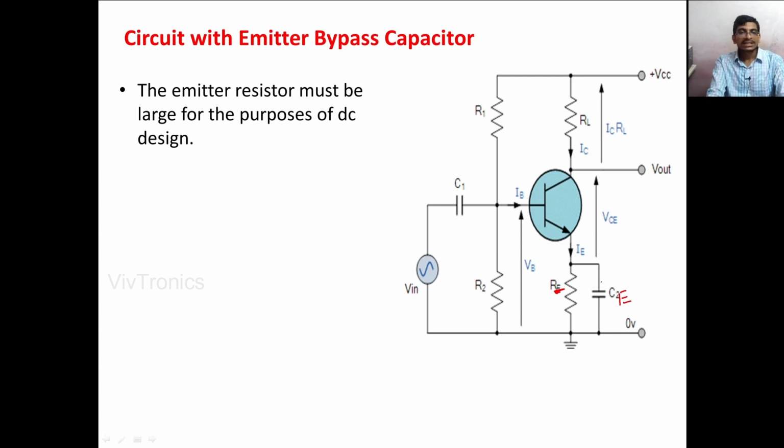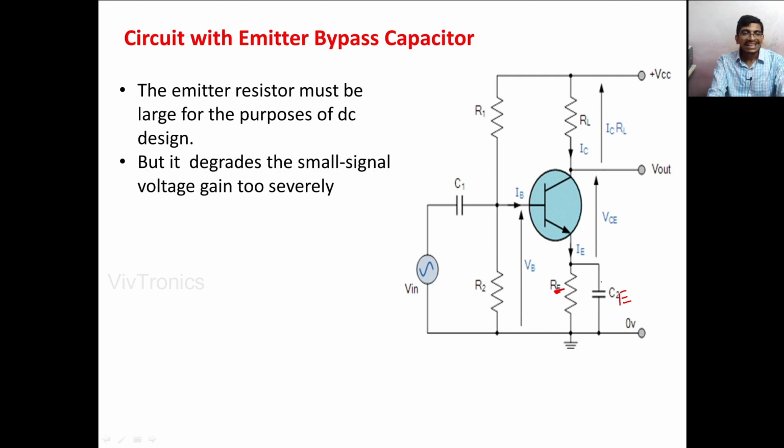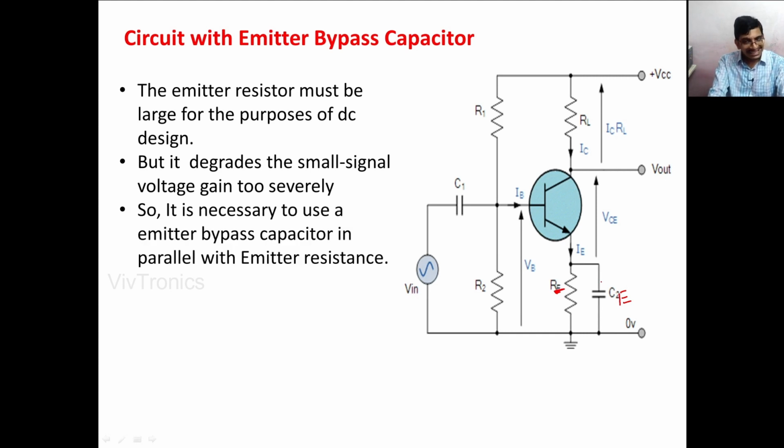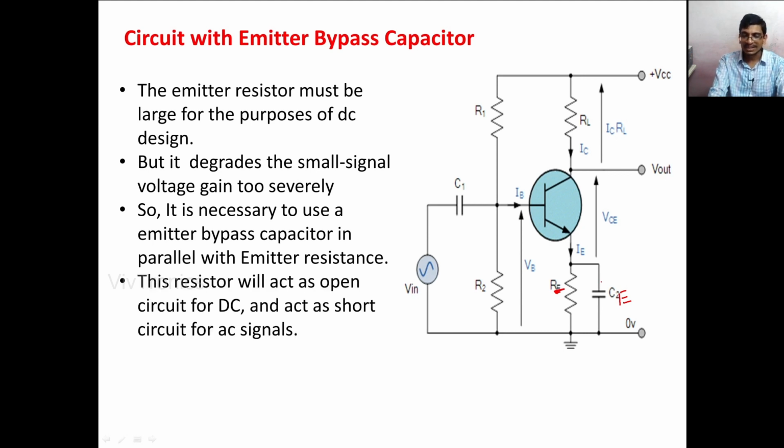The emitter resistance must be large for the purpose of the DC design, but it decreases the small signal voltage gain too severely. The voltage gain will decrease drastically when we use Re alone. So it is necessary to use an emitter bypass capacitor in parallel with the emitter resistance.